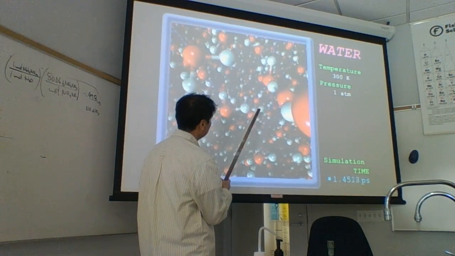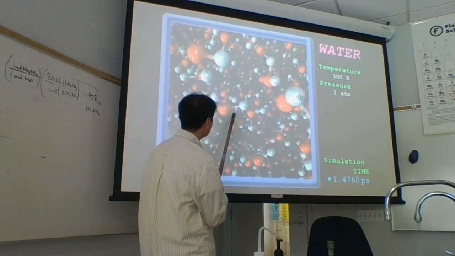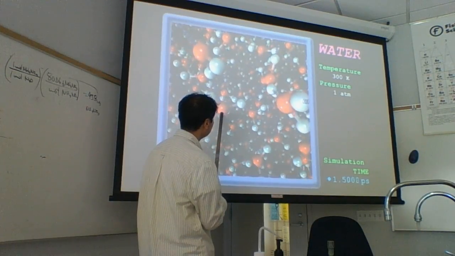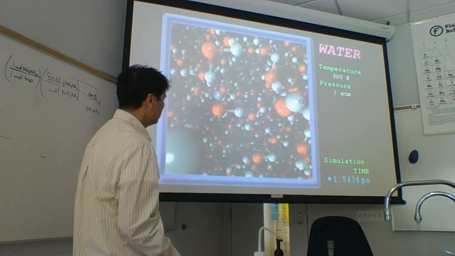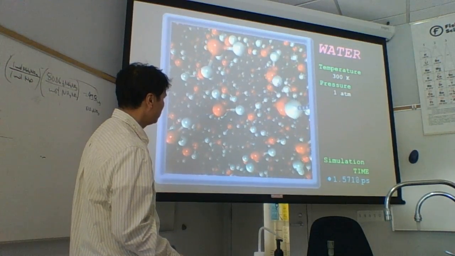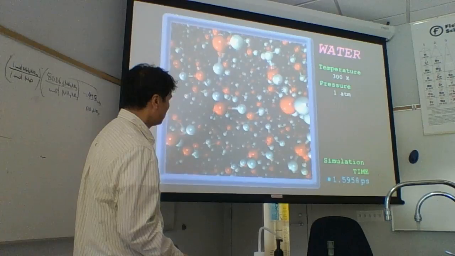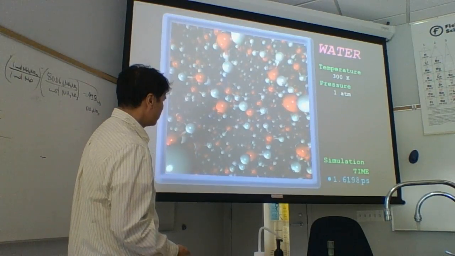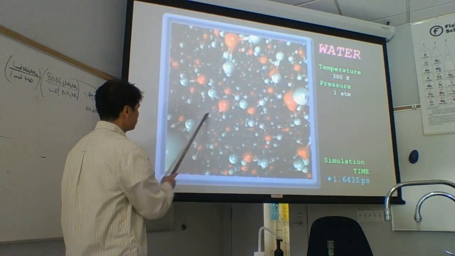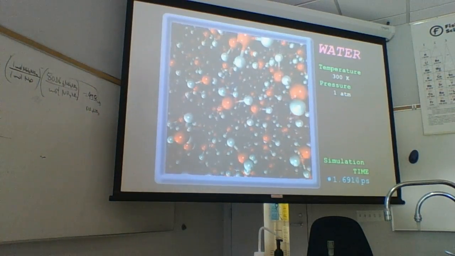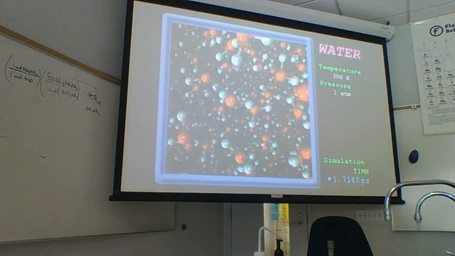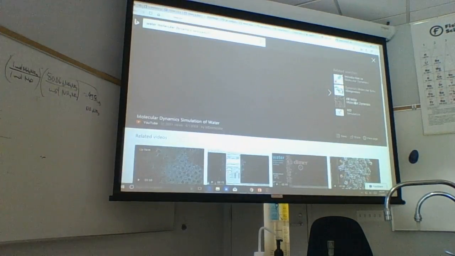Alcohols flow more easily than water. Therefore, what's holding the molecules together is weaker. That's called viscosity. So we're going to look at a number of physical properties of liquids that depend on how strongly these molecules are held together. Let's take a look at some of those.